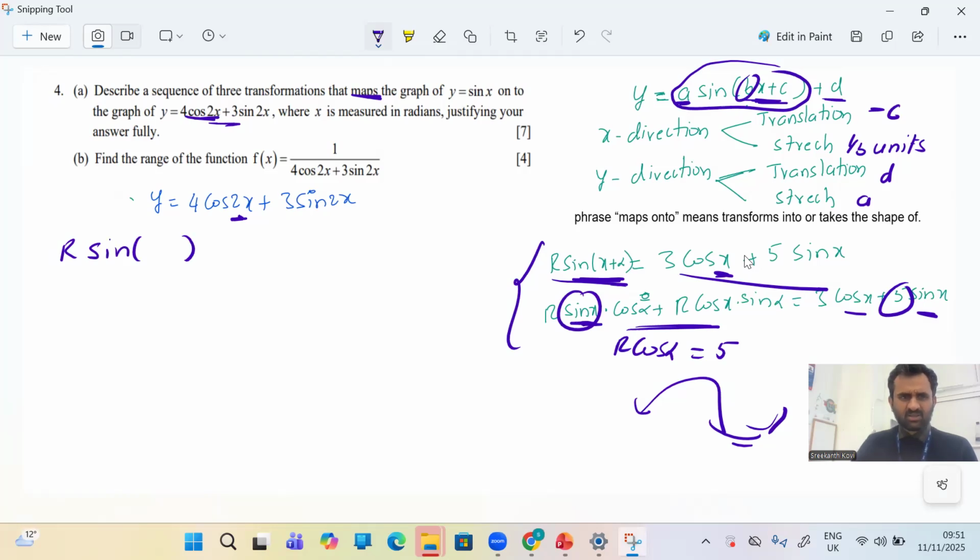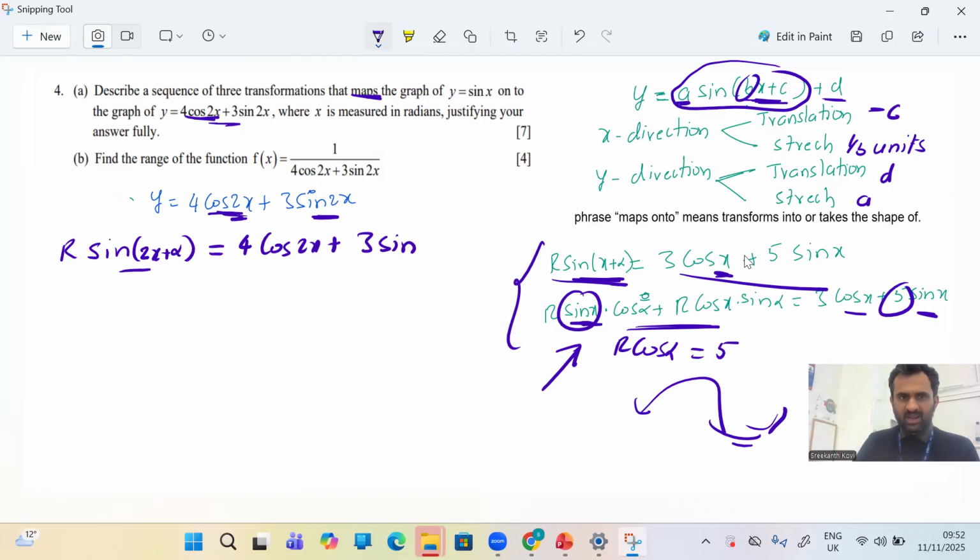If you write x plus alpha, you will get this one. But on the right hand side, you have 2x in your expression, so you need to write it as 2x plus alpha. If you have 5x here, you will write 5x plus alpha, so that when you use the formula, you will have 2x. So R sine of 2x plus alpha is equal to 4 cos 2x plus 3 sin 2x.